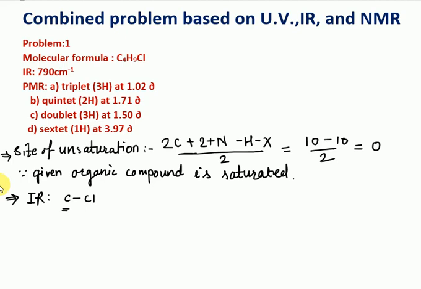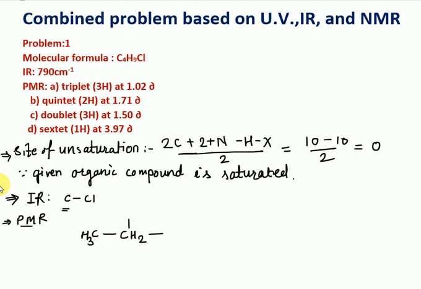Then let's observe the PMR data carefully. The maximum information we get is from the PMR data. First, a triplet for 3 hydrogen. These 3 hydrogen must be on one carbon, and it gives the triplet. Triplet means this carbon must be attached to the next carbon, where that carbon carries 2 hydrogen.